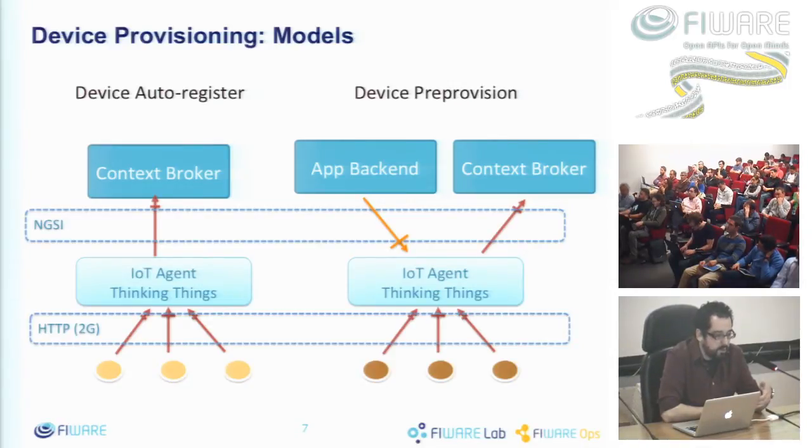How the device group is defined, how the IoT agent determines to what device group a device belongs, will be based on two pieces of data. One of them is called a resource, that is somehow protocol dependent. It may be a port or a path or a specific URL the IoT agent offers just for devices in that device group, and an API key all those devices will share.